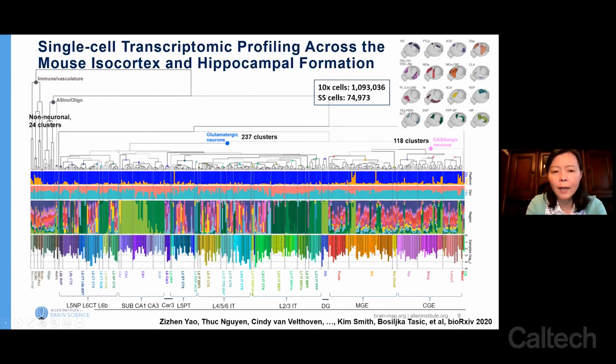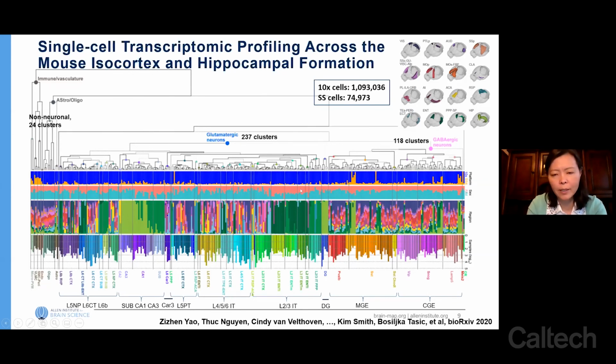First of all, the cells still follow this kind of hierarchical organization. To describe this hierarchical organization, we named the cells at the different levels. The first level is class, and then the second level is neighborhood. The third level is subclasses, shown here. The fourth level is what we call supertypes, which are the major branches of this taxonomy tree.